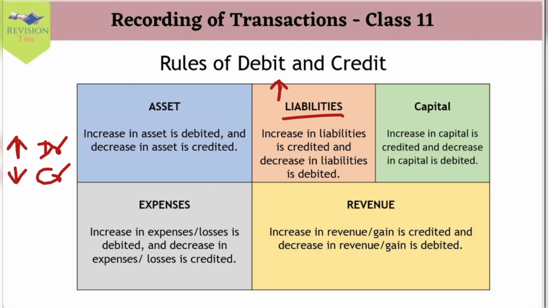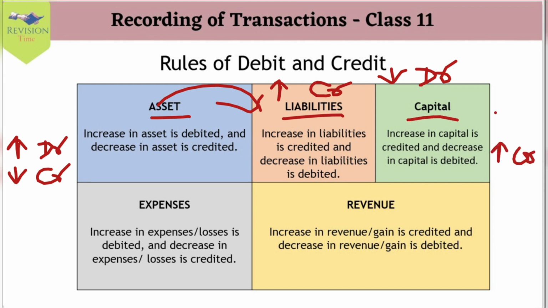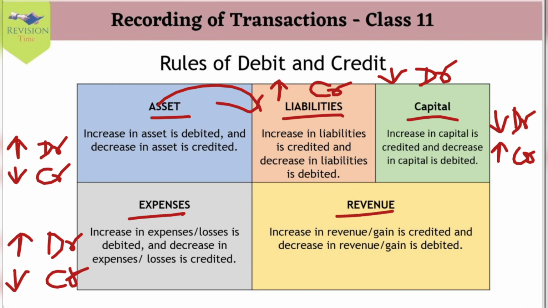An increase in liabilities is credited and a decrease in liabilities is debited. Next, capital. Here, an increase in capital is credited and a decrease in capital is debited. Expenses account: an increase in expenses is debited and a decrease in expenses or losses is credited. Next, revenue account. Here, an increase in revenue is credited and a decrease in revenue is debited.